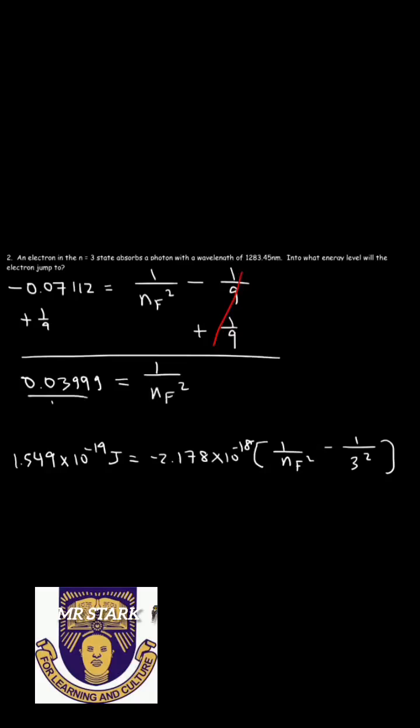Now, let's put this over 1 and let's cross multiply. 1 times 1 is 1, and then we have 0.03999 times n final squared. Next, divide both sides by 0.03999.